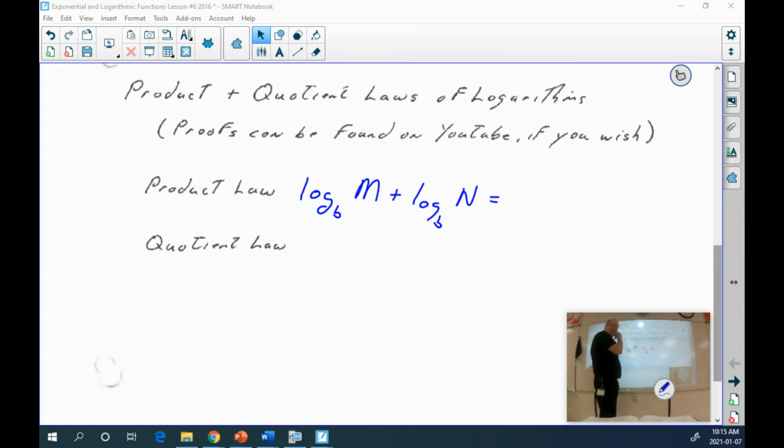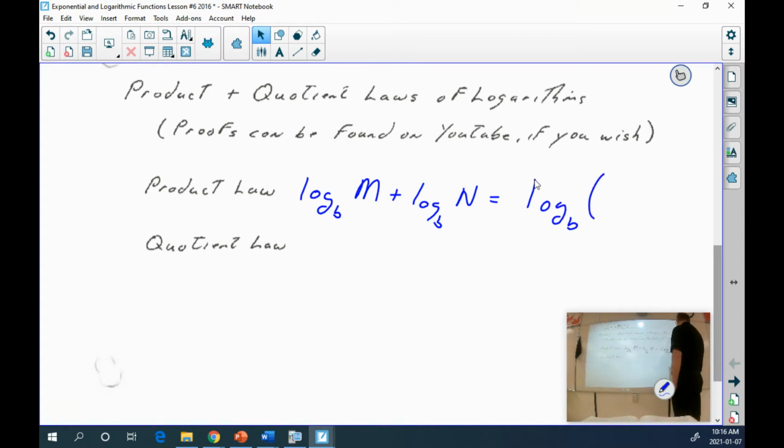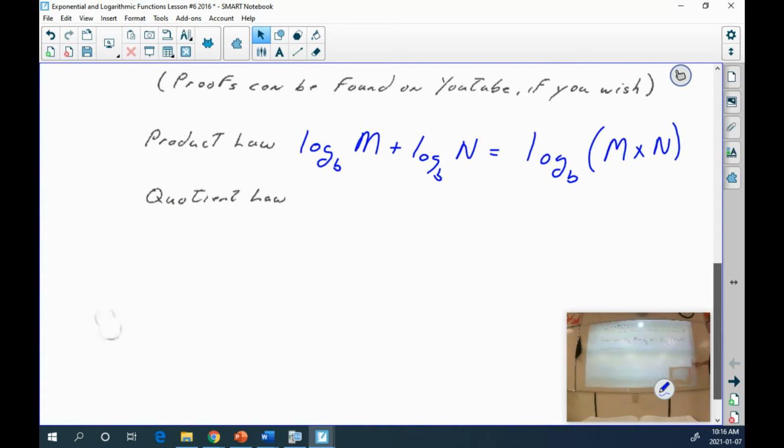We can take that statement and write it as the logarithm of the product of those two arguments. Now, what this does is it allows us to simplify and sometimes expand, but simplify without having to grab a calculator in a lot of cases.